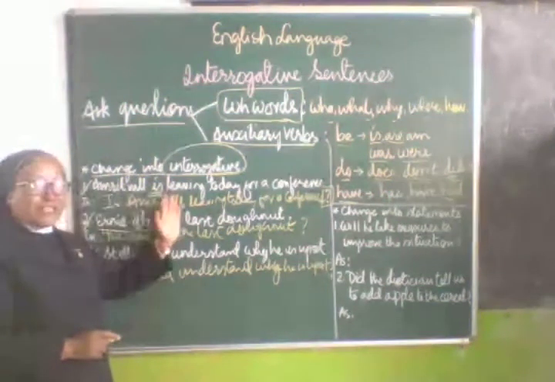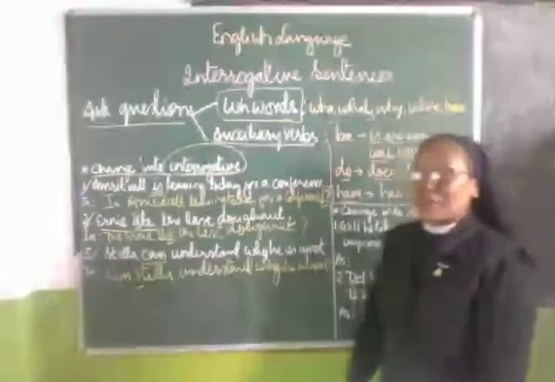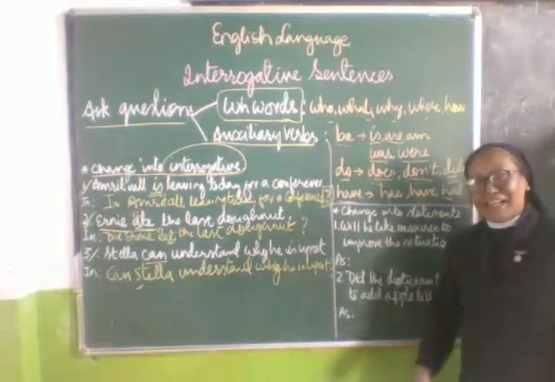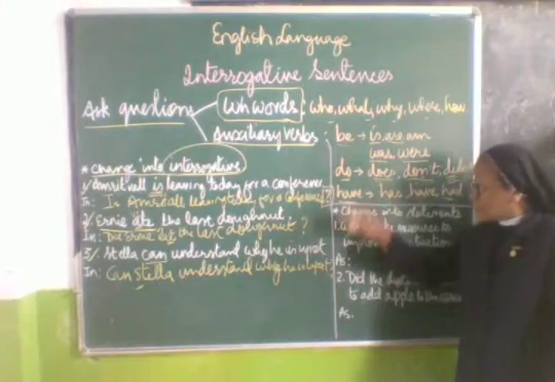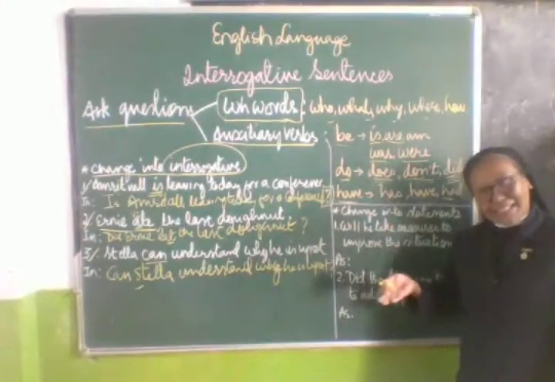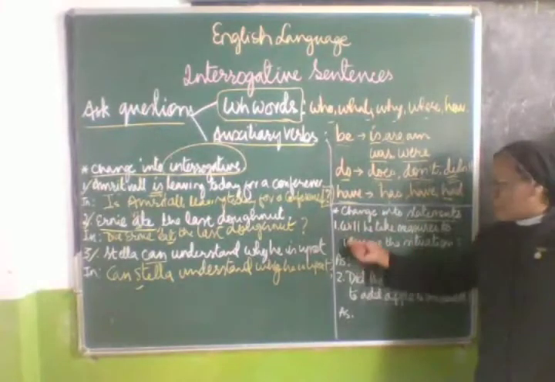Now we have type 2. Now type 2 is the same. Now you just change the question into a statement. Okay, now change into statements. So your questions have been given to you.